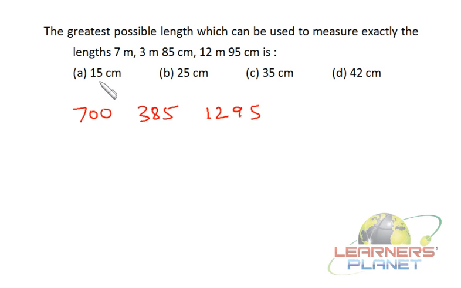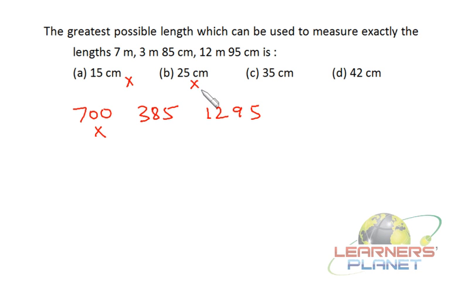Now let's see. Suppose we choose 15 to be the correct answer. Now 15 cannot be the correct answer since it is not a factor of 700. HCF must be a factor of all of these numbers. So 15 cannot be the correct choice. Similarly 25 cannot be the correct choice since 385 and 1295 both of them do not have 25 as a factor.